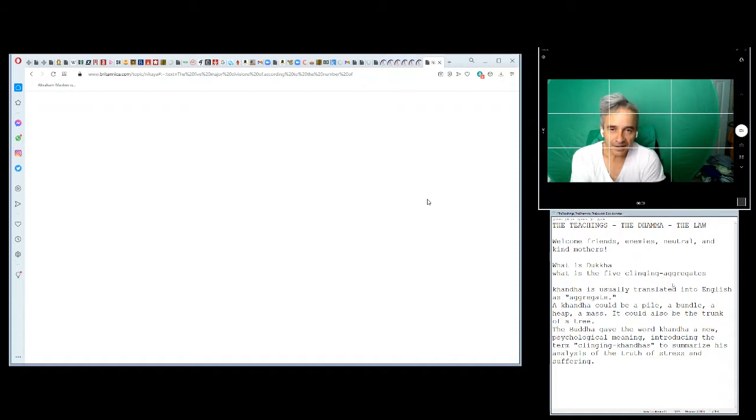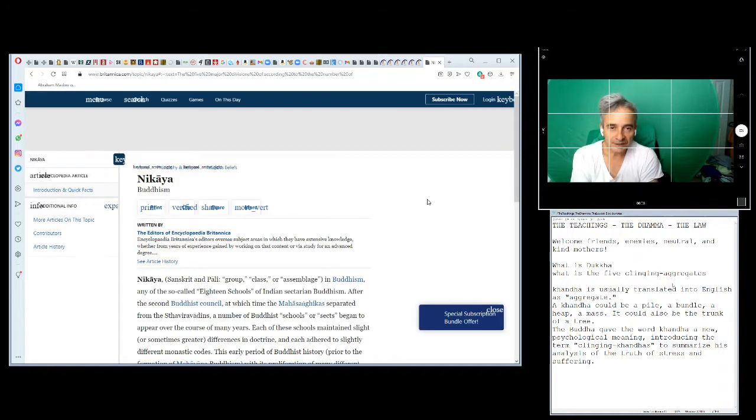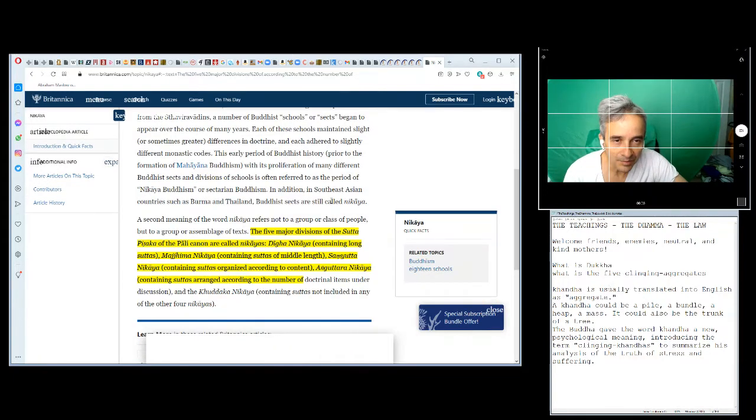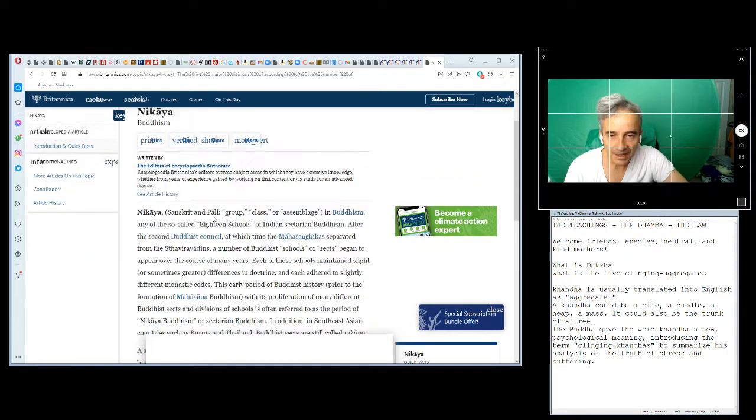Okay. So Nikaya means group, class, assemblage in Buddhism. Any of the so-called 18 schools of sectarian Buddhism. After the second Buddhist council, at which time the Mahasanghika separated from the Sarvastivadins, a number of schools or sects began to appear over the course of many years.